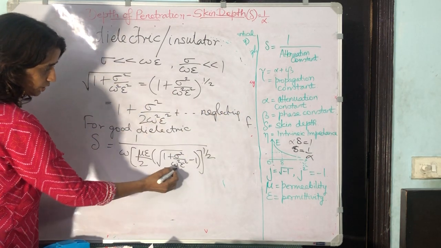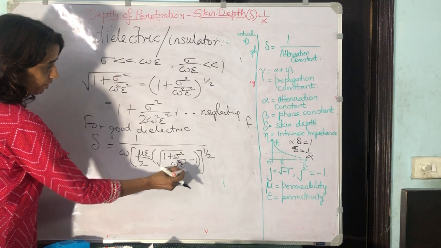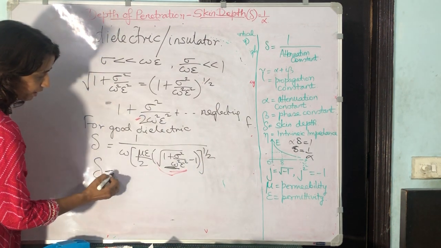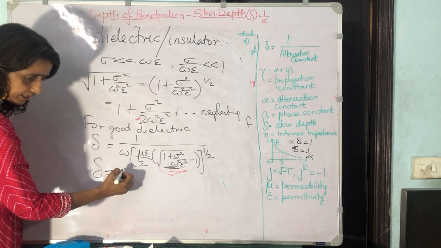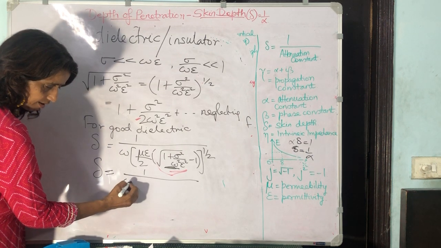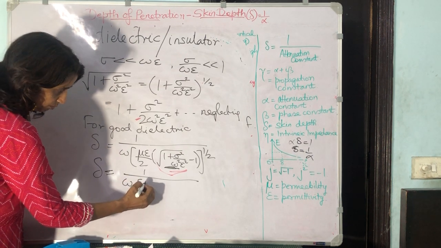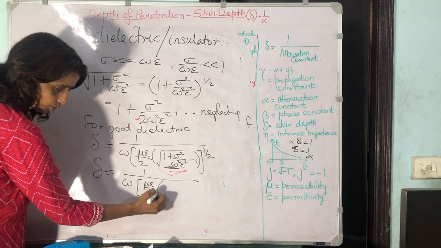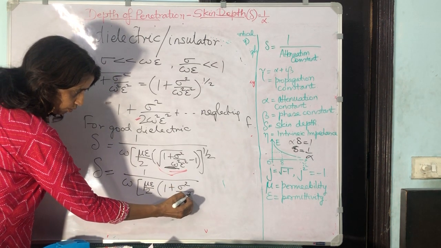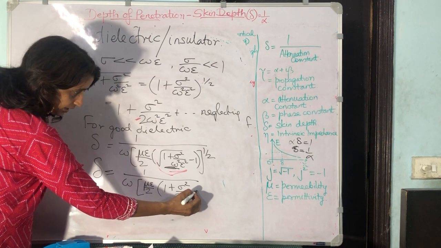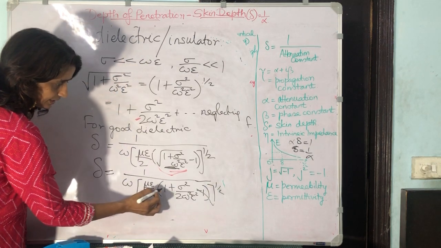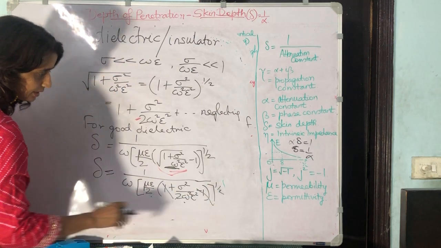So what does the formula for skin depth become? It becomes 1 upon omega into under root mu epsilon by 2 into 1 plus sigma square upon 2 omega square epsilon square minus 1, to the power of half. This 1 and this 1 get cancelled and you are left with this much term.